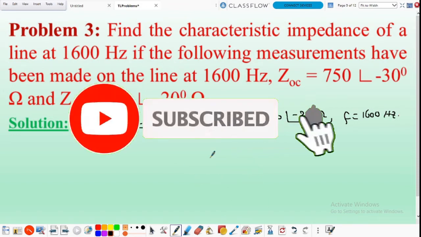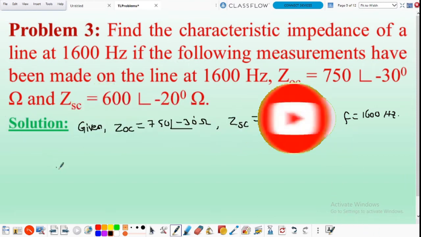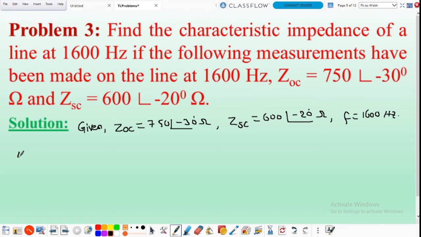We know that the relation between characteristic impedance, open circuited impedance and short circuited impedance is Z naught is equal to square root of Z suffix OC into Z suffix SC.